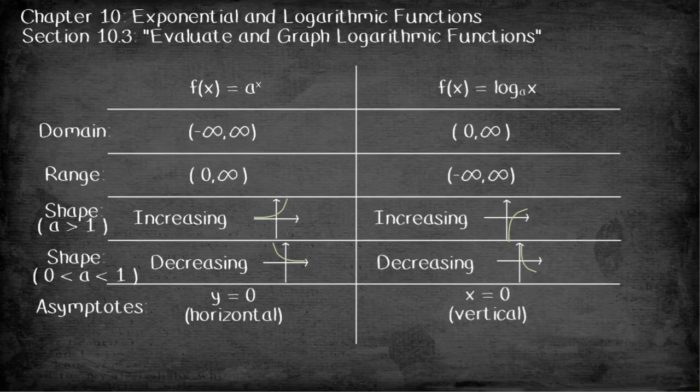And as far as asymptotes go, the exponential functions have horizontal asymptotes at the x-axis, but the logarithms have vertical asymptote at the y-axis. So these are all very closely related.